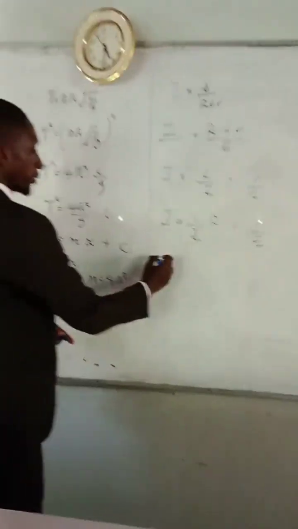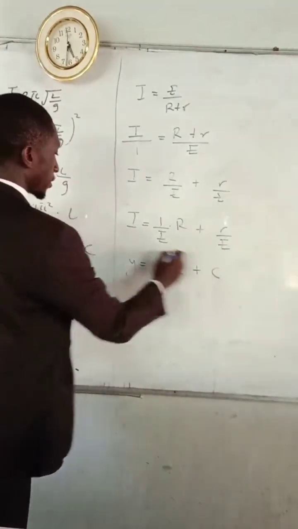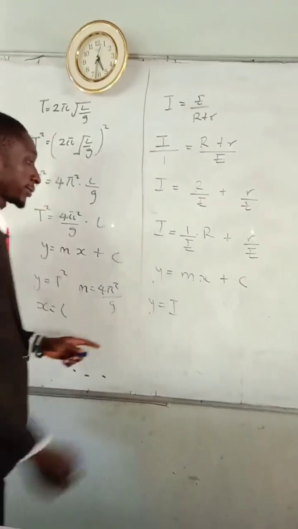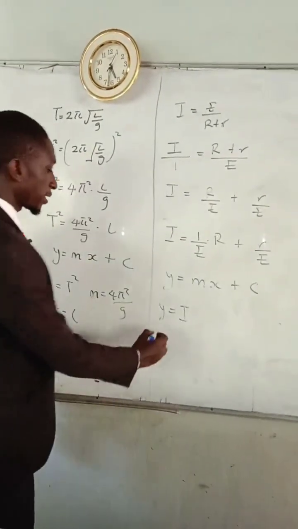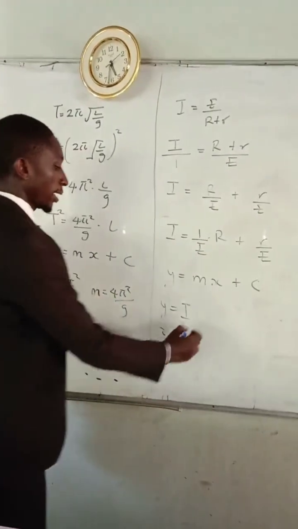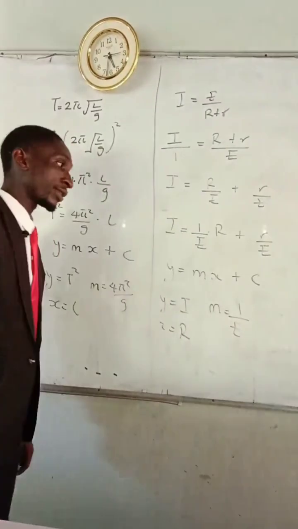From here, when we equate it to the equation of a straight line, mx plus c, you could see now that our y component becomes I, our x component becomes R, and our slope is 1 over the potential of the circuit.